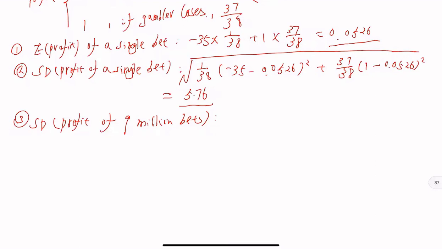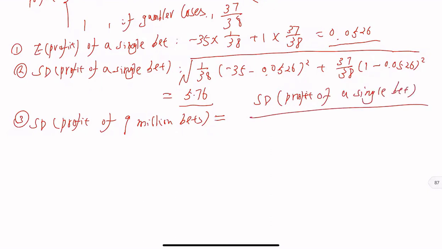That is, the 9 million bets have the same probability distribution, and they're independent, right? This implies the standard deviation of 9 million bets equals the standard deviation of a single bet divided by the square root of the number of bets, which is 9 million.